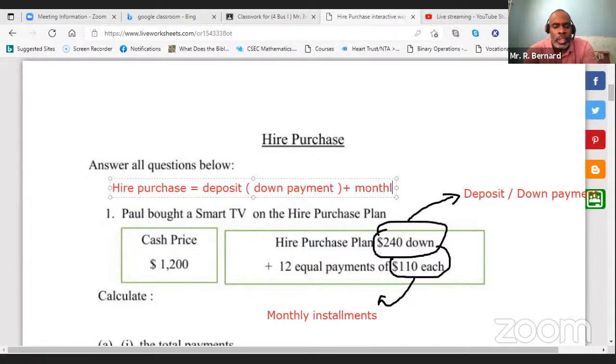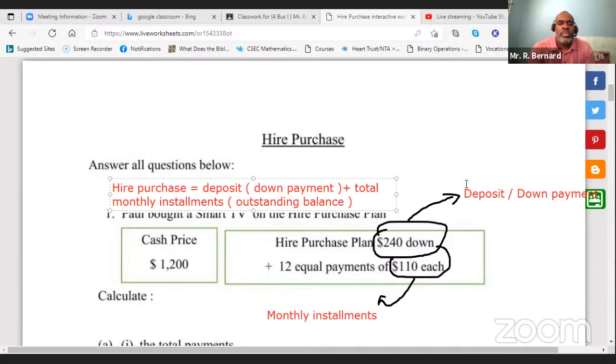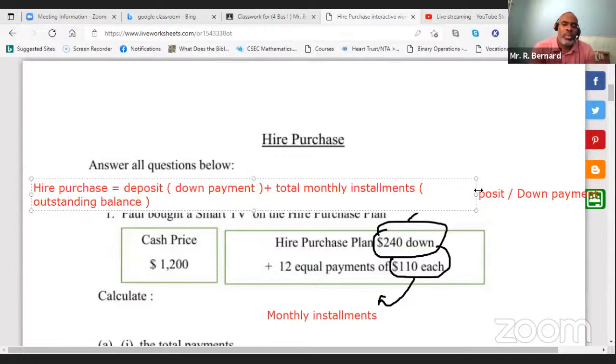And the total monthly installments sometimes is called outstanding balance. So the outstanding balance would logically be what is left to be paid.